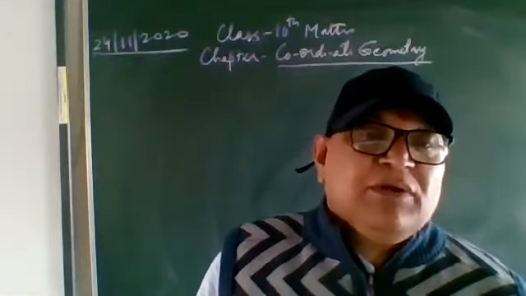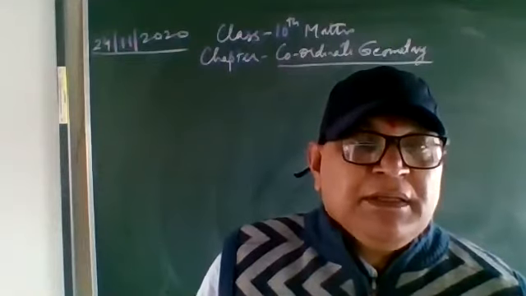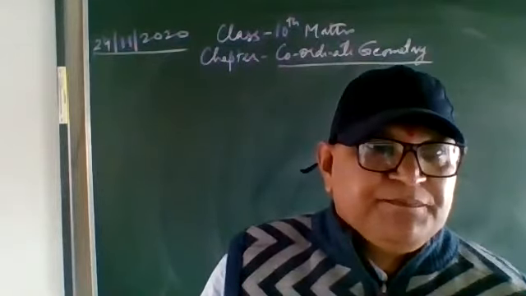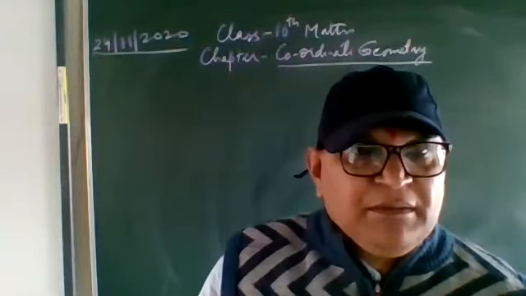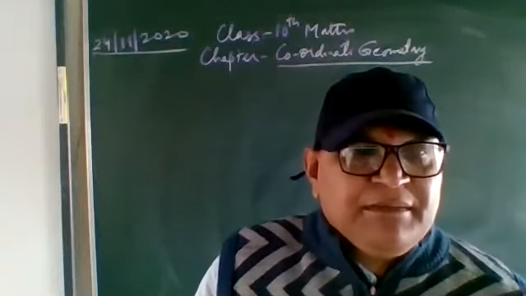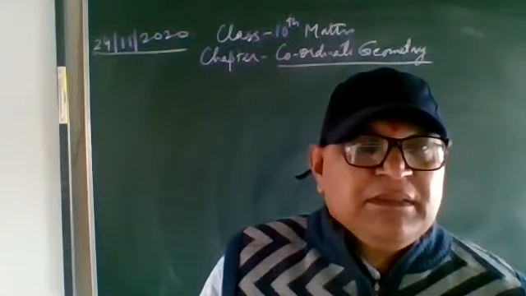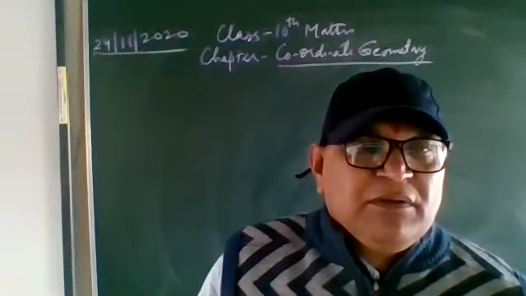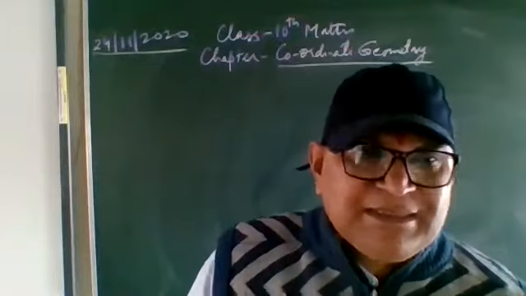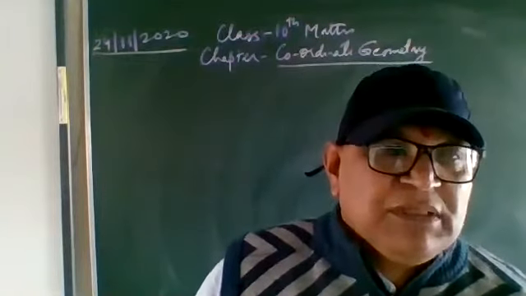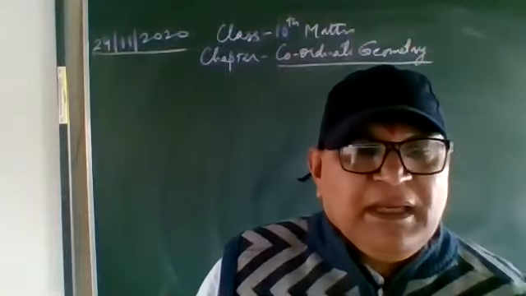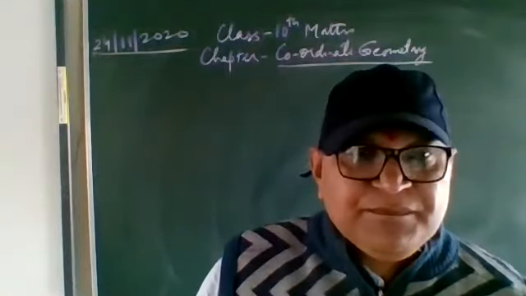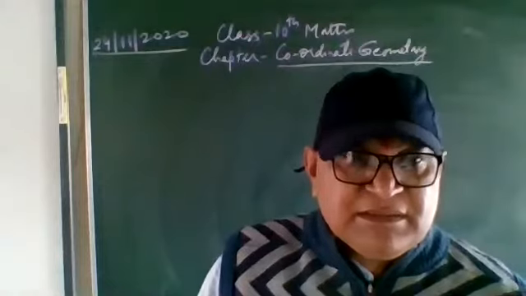Now in 9th class, you have studied the introduction of coordinate geometry. But when we revise it, what should be in your mind? First of all, the Cartesian plane, which you studied in 9th class, with the x-axis and y-axis.